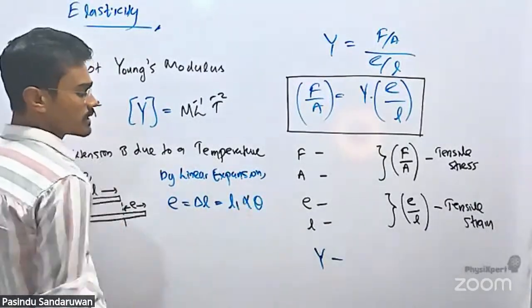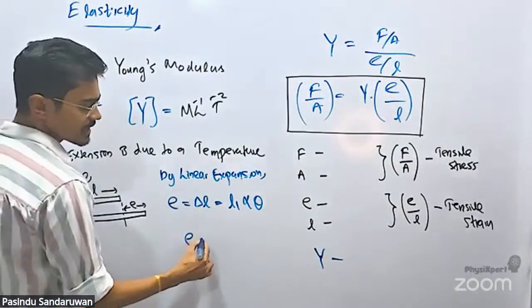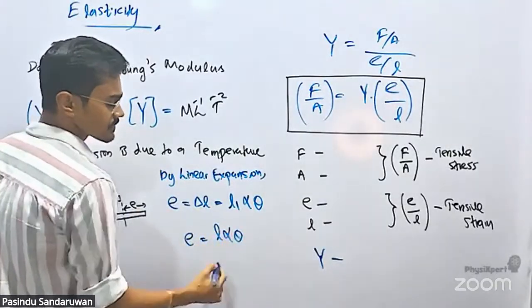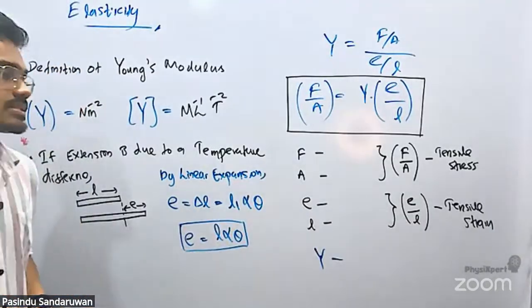Which means if I plug these values, with initial length L, E equals L alpha theta.